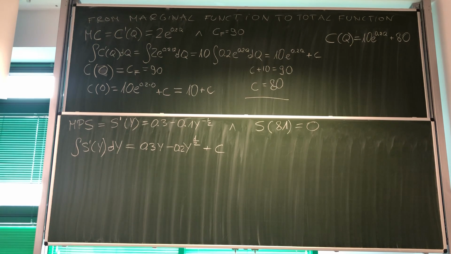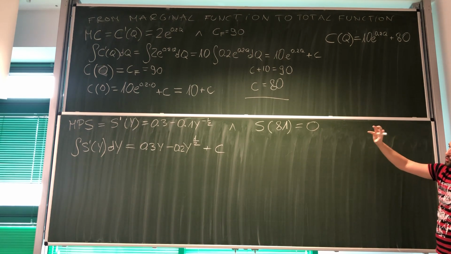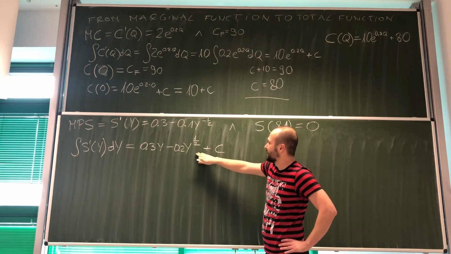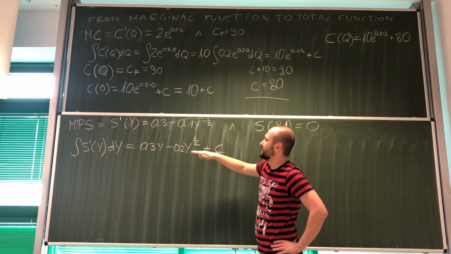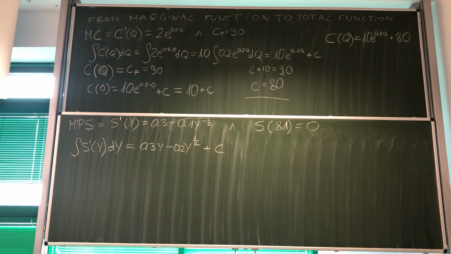And of course, as usual, we have an arbitrary constant. Now, in order to again get the total savings function, we need to use this condition to find c.